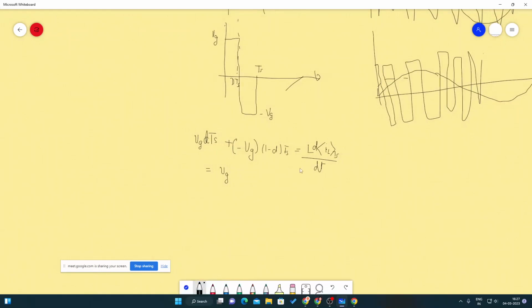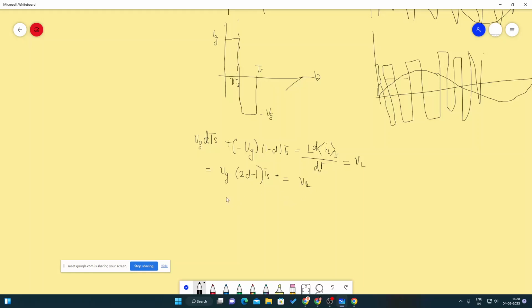So it will be Vg d minus (1 minus d), so it's 2d minus 1, times Ts, and this is minus (2d minus 1) Ts, nothing else. So this equals my output voltage, let's say across this inductor, this is my VL.